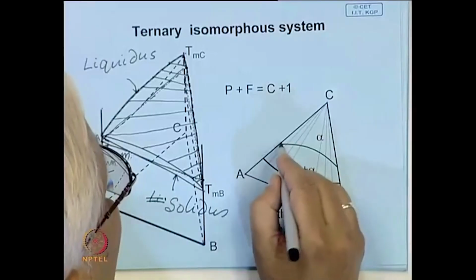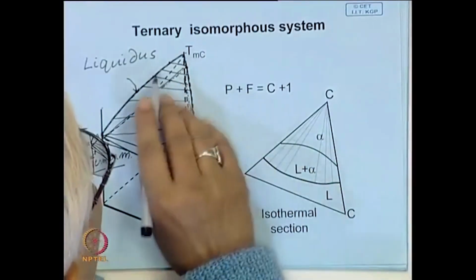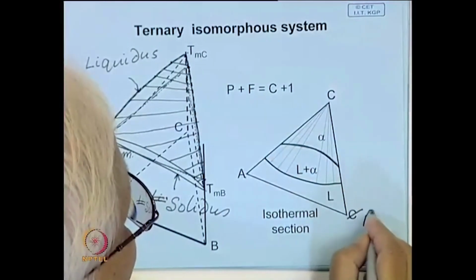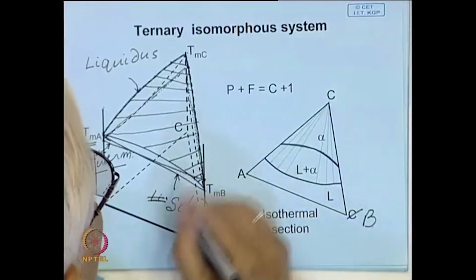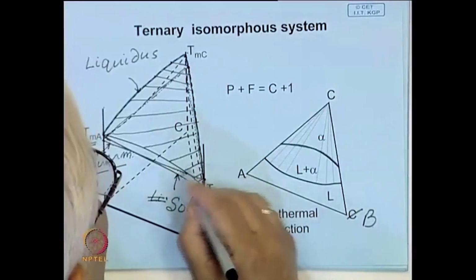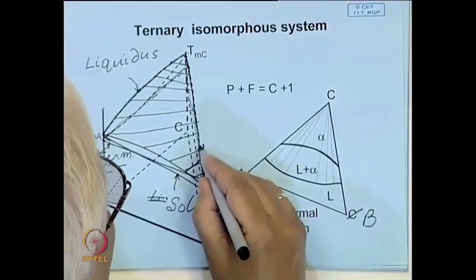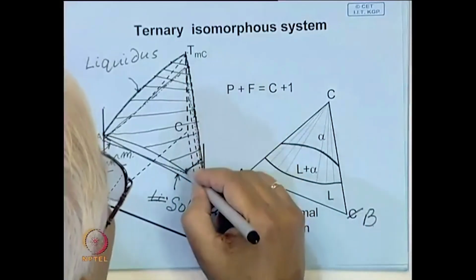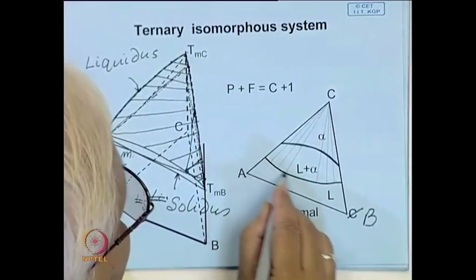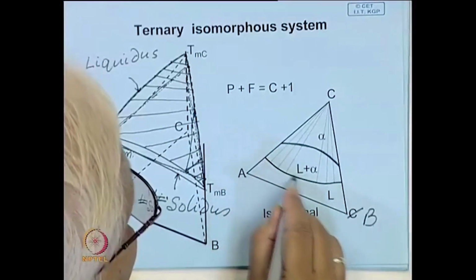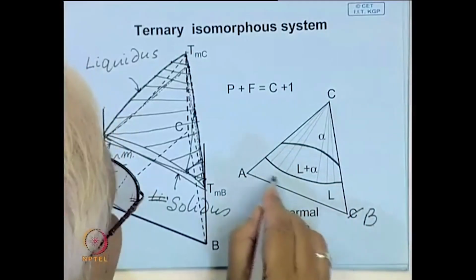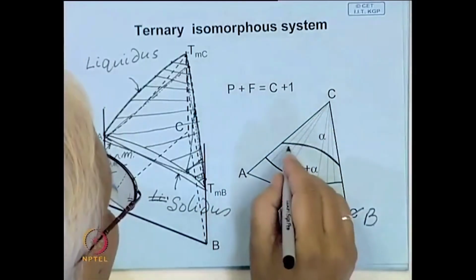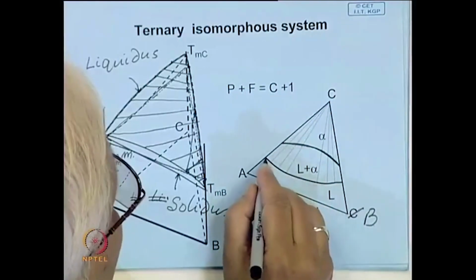So, this is A and C, this is that solidus line, this is B, and the AB end is still liquid. It intersects somewhere here, and similarly here, which is drawn over here. This portion is yet to solidify, whereas this part has solidified.